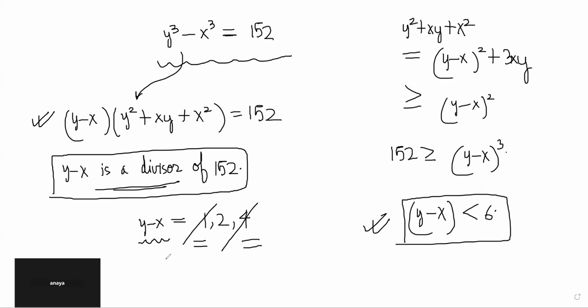The solutions are only there for the third middle case where y minus x is equal to 2. Do you understand what we have done? Such logic or such steps will be common in number theory as we go for harder problems. So you need to understand what we have done here.